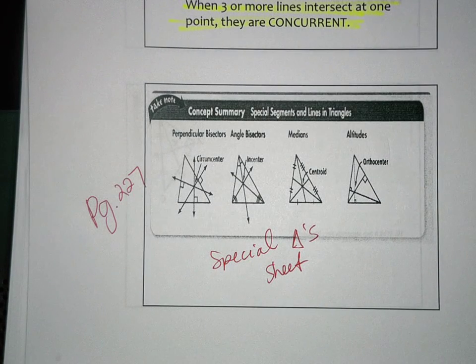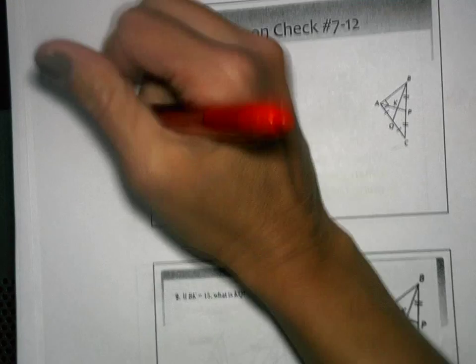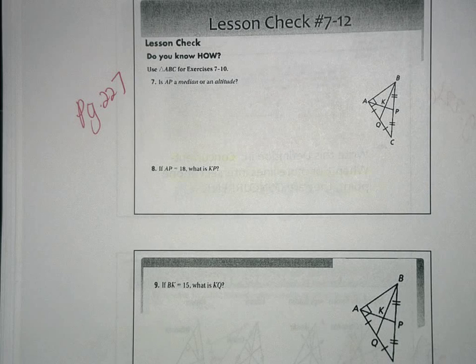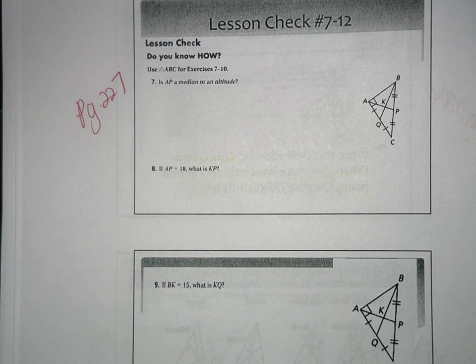All right, so we're going to do a couple lesson checks here. We're on page 227, number 7. I'm just going to give you a minute or less to decide if it's a median or an altitude.